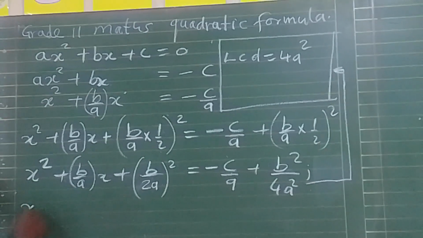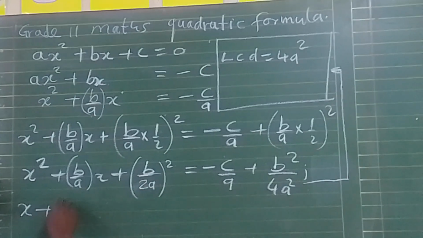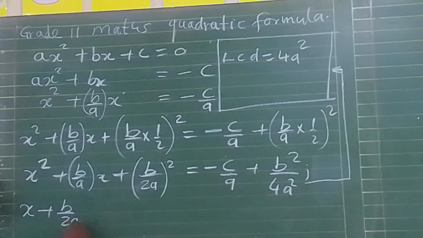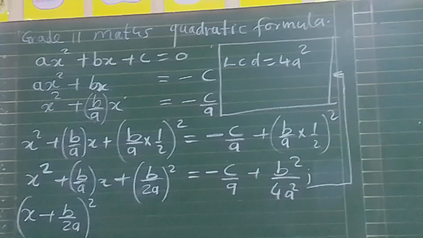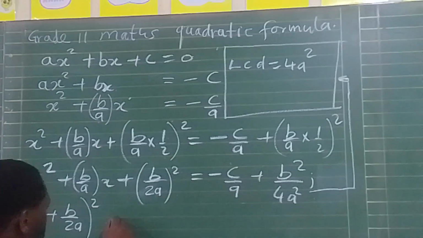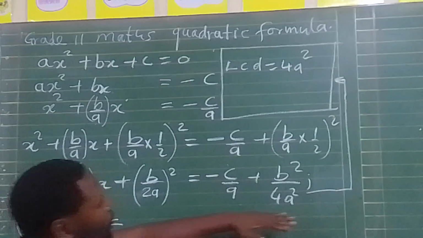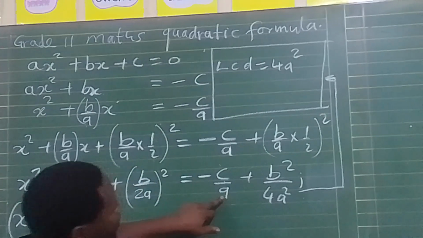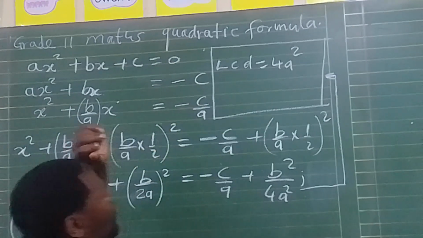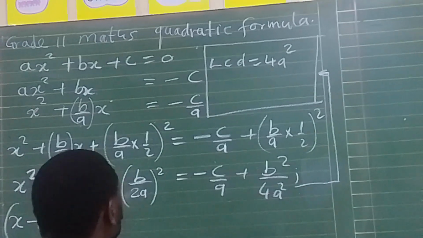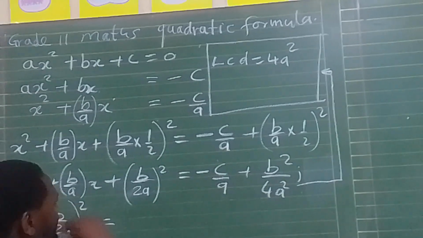We are going to get x plus b over 2a, all squared, which is equal to, over the LCD: a goes how many times into 4a squared? It goes a, and leaves 4a.